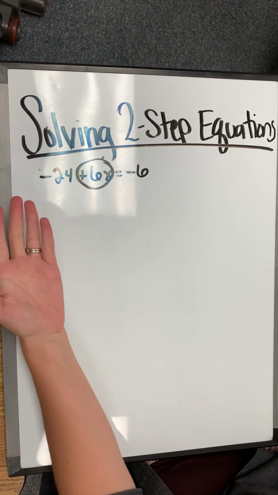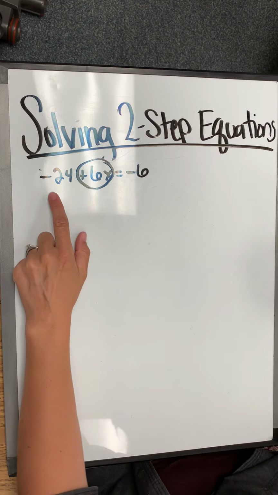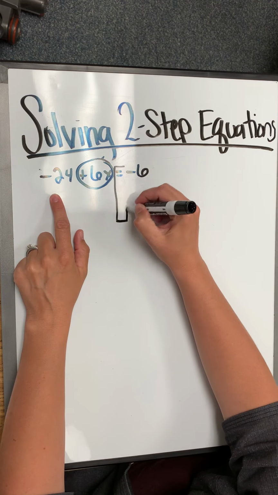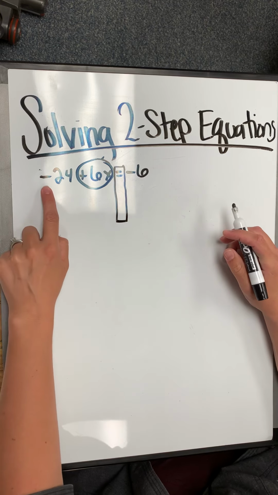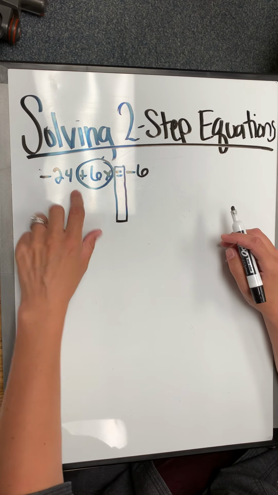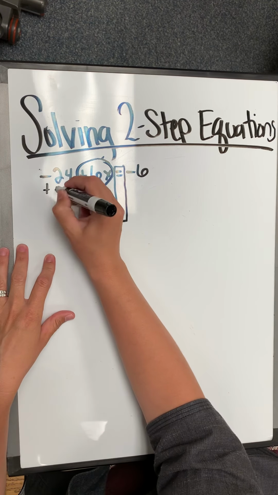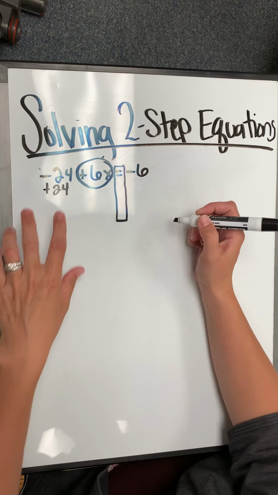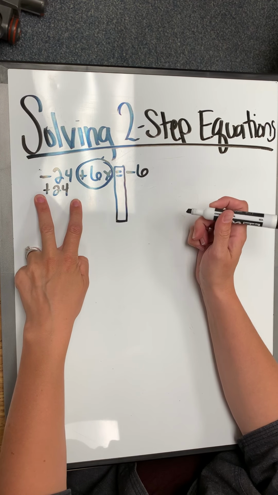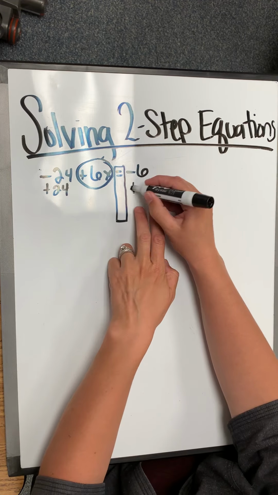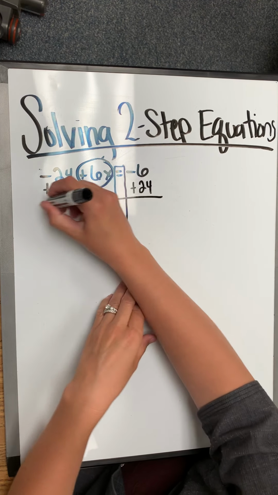It lets us know what else we need to get rid of it. So we need to get rid of whatever is still on that side of the equal sign. How do we get rid of a -24? Do the opposite. Opposite of a negative is a positive. So we add 24 to this side of the equal sign.